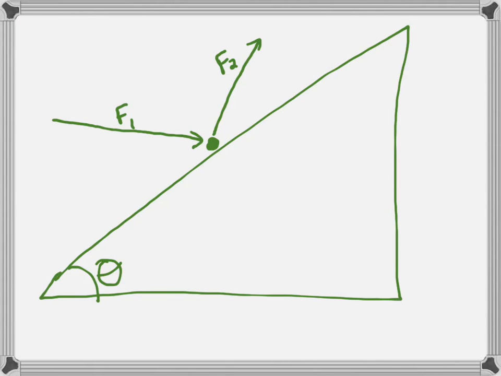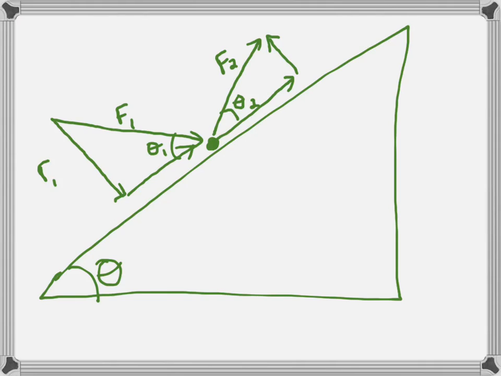So this would be a force up the incline and a force out of the incline. And this would be a force into the incline and a force up the incline. And let's do these angles. Let's say this is theta 2 and this is theta 1. So this side over here would be F1 times the sine of theta 1.